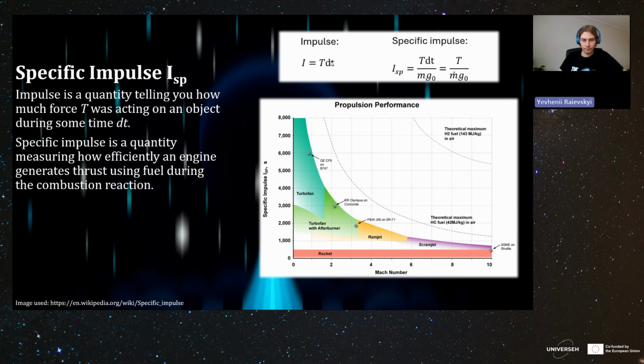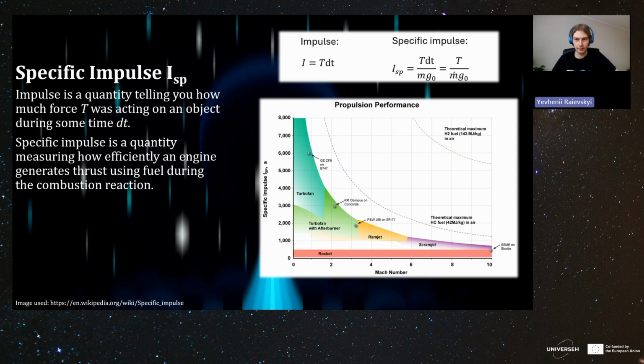Intuitively speaking, this is how much force was applied to an object during some time.